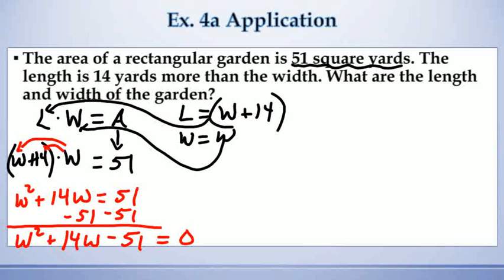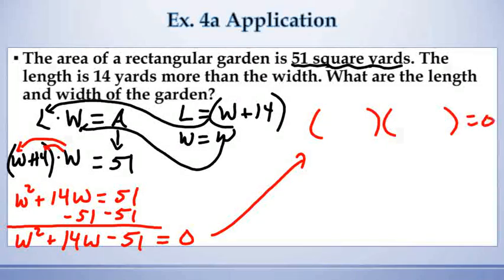Now all I need to do is factor that trinomial. So I'm going to put that up here. So what do I multiply to get negative 51, but when I add them together, it gives me a positive 14? So I'll think about that for a moment.